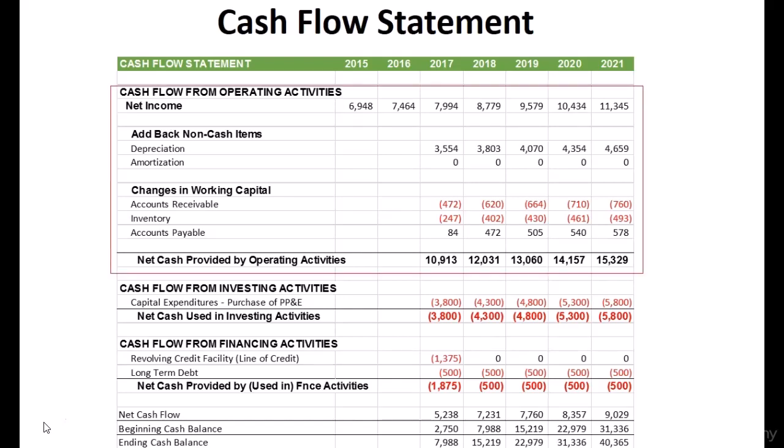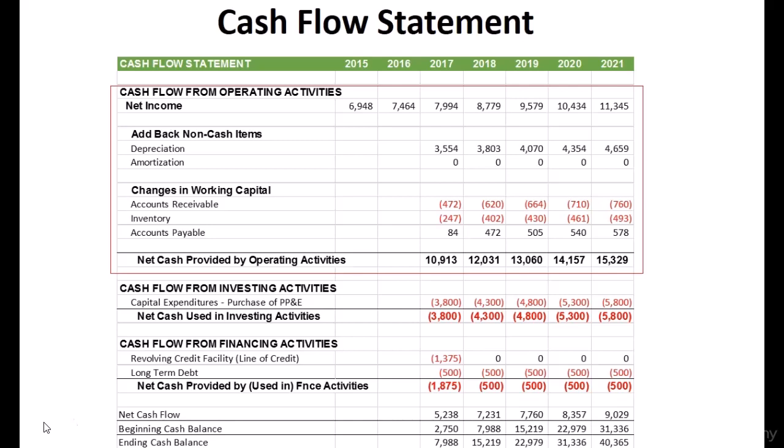So as I said, our first activities are our operating activities. Our top line is our net income, which we took straight from our income statement. And then the first thing we have to do is add back our depreciation and amortization. So we have the depreciation line, as you can see, we're adding it back over the years. And then we have our changes in working capital.